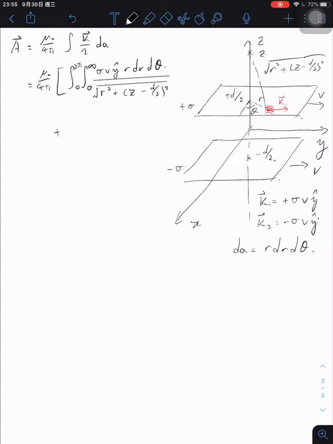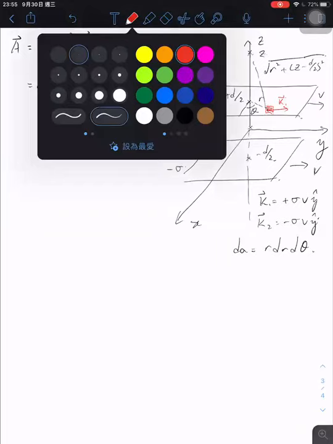The same applies for the lower plate, and this time I am using R prime and theta prime, another set of parameters, to avoid confusion. Again we have the surface current density, this time minus sigma V, because it carries the surface charge density minus sigma.